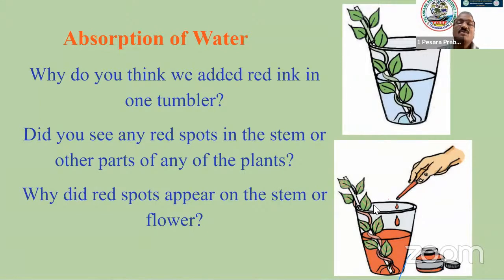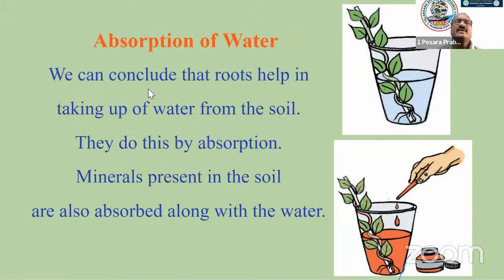So, now tell me, why did red spots appear on the stem or leaves? Because we can conclude that roots help in taking up water from the soil. Imagine, this is the water and the root absorbs the water from the glass tumbler up to the stem, and the water finally reaches the leaves.